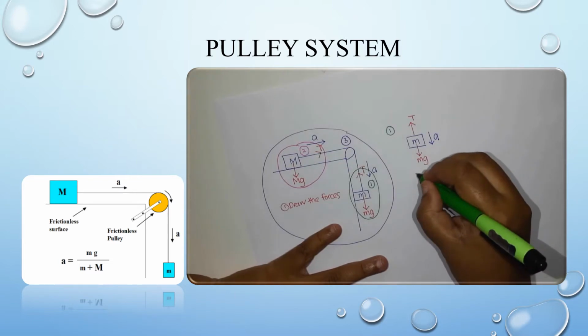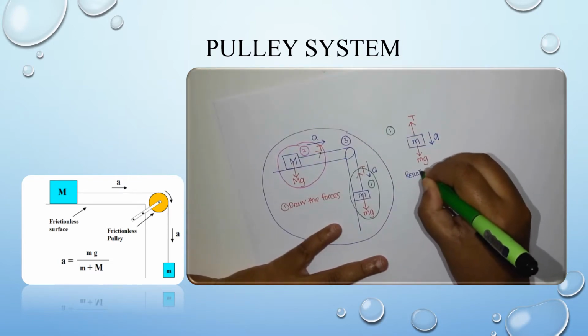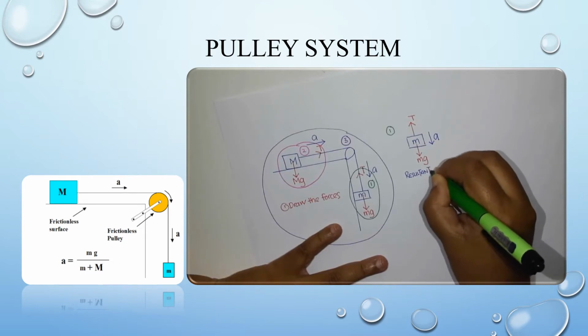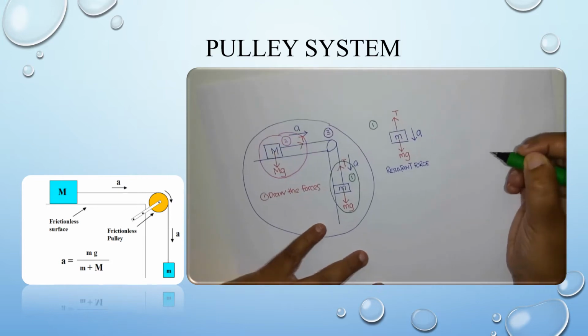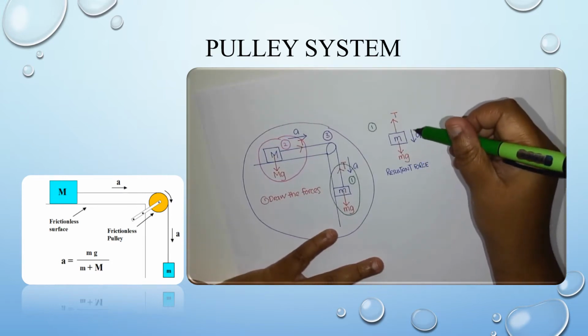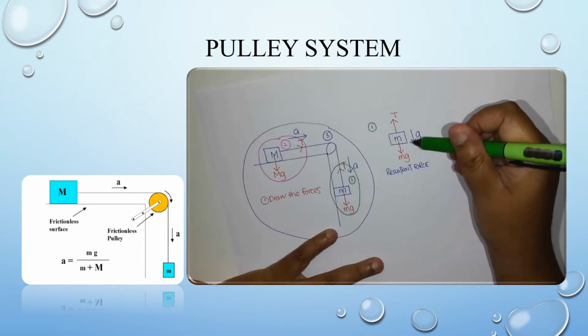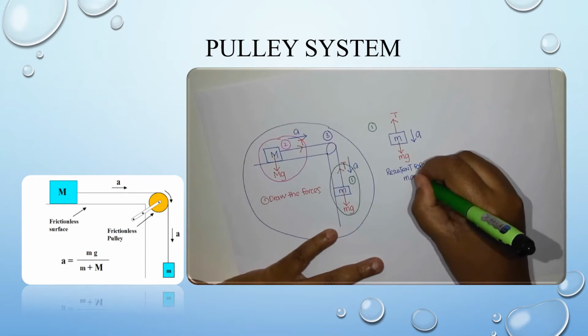So what will be the resultant force, class? The resultant force will be mg minus T, because the motion is downward. So therefore, mg minus T.